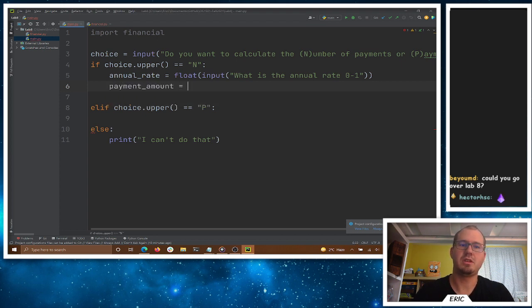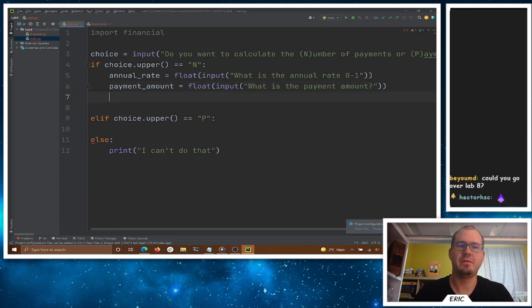Payment amount equals, again, probably a float, why not, of an input. What is the payment amount? And then we'll have the loan value. That one's probably an int, but we're doing floats, so why not do a bunch of floats everywhere? Input is the loan amount.